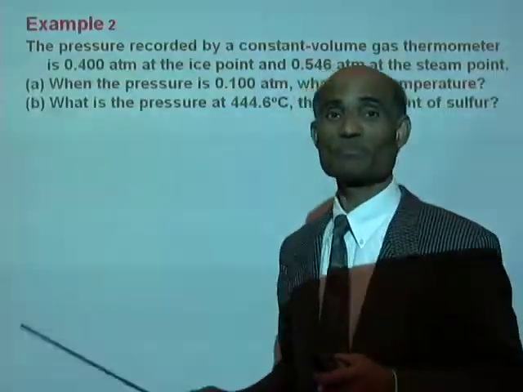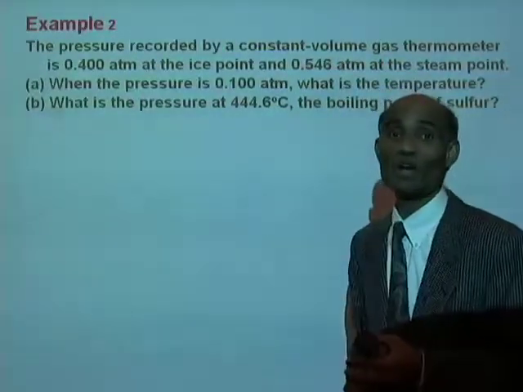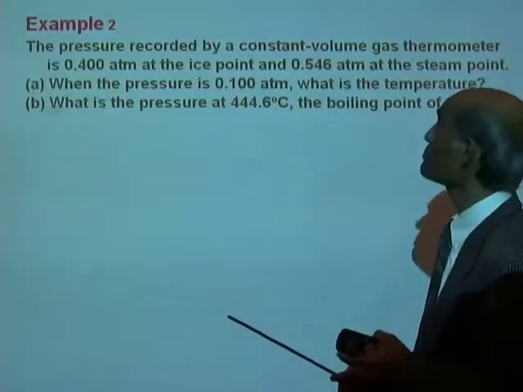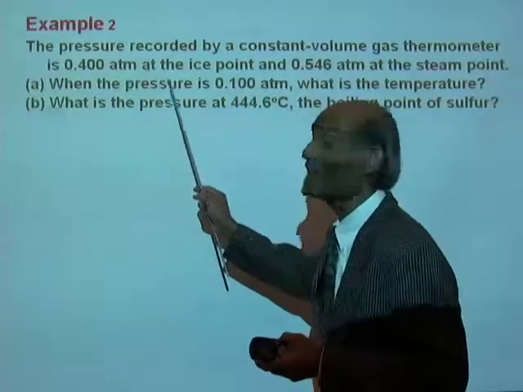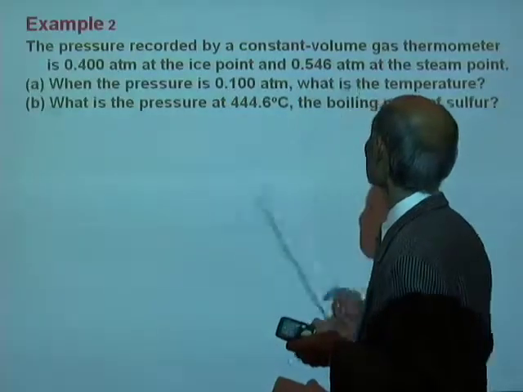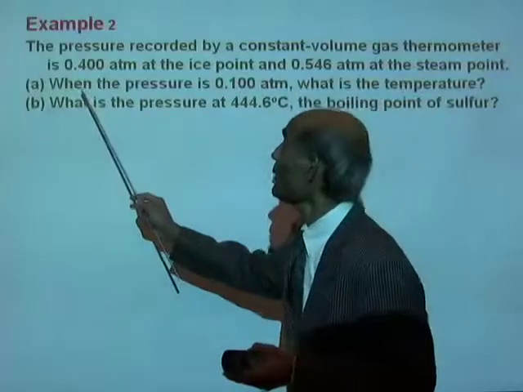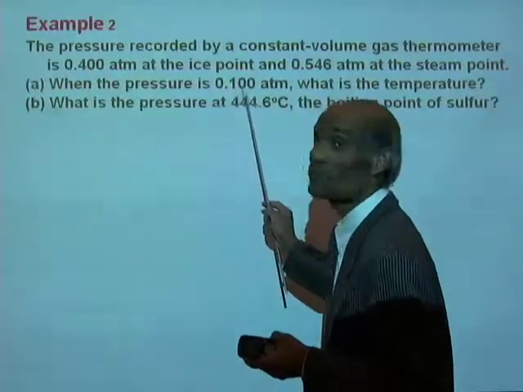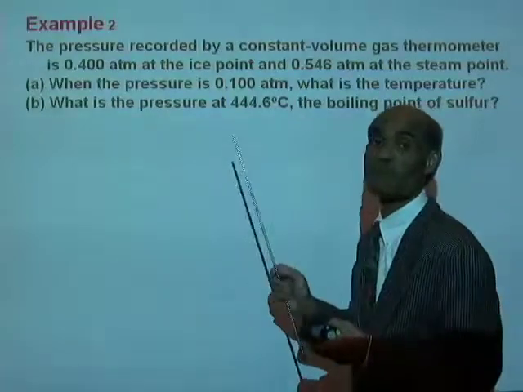Let's try one. The pressure recorded by a constant volume gas thermometer is 0.4 atmosphere at the ice point and 0.546 atmosphere at the steam point. A. When the pressure is 0.1 atmosphere, what is the temperature?